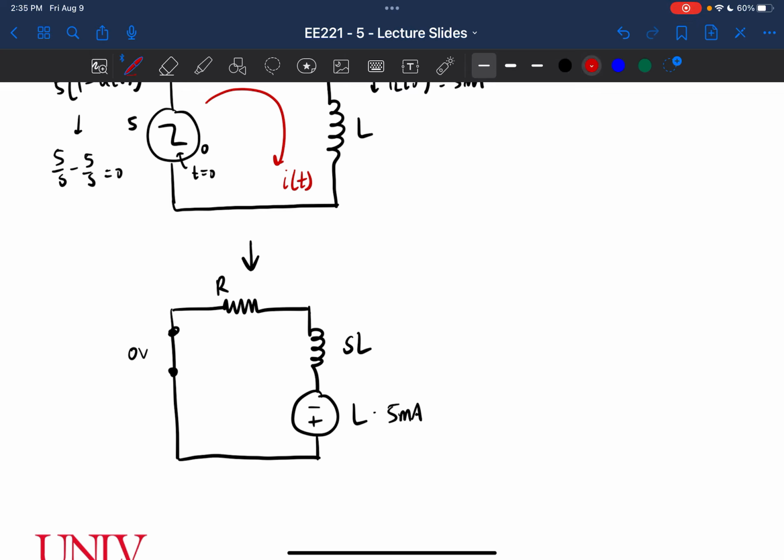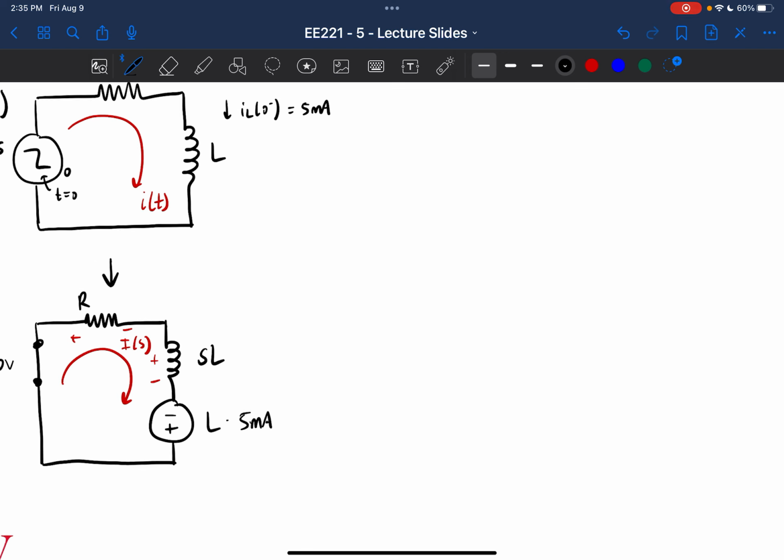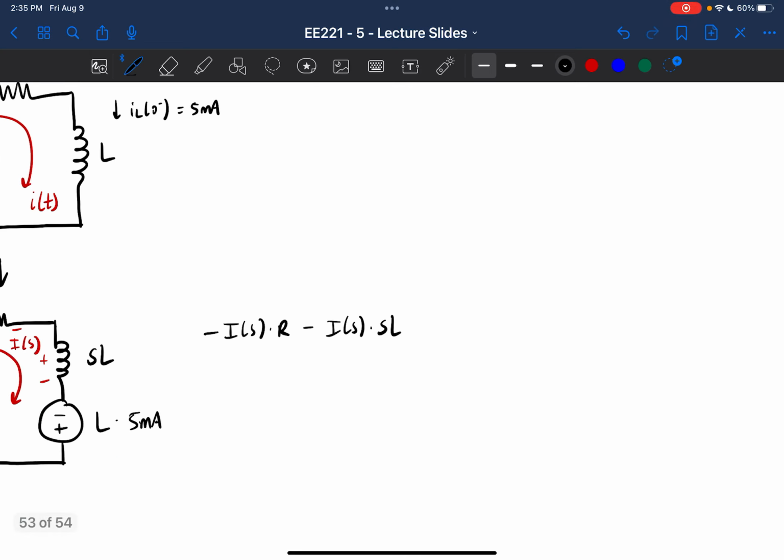And so we want the current flowing through the inductor, which is this direction. Let's call it I of S. And so we've got this drop here, and we can write a KVL expression for this loop. So I'm going to write minus I of S times R, minus I of S times SL, and then plus L times 5 milliamps, okay?